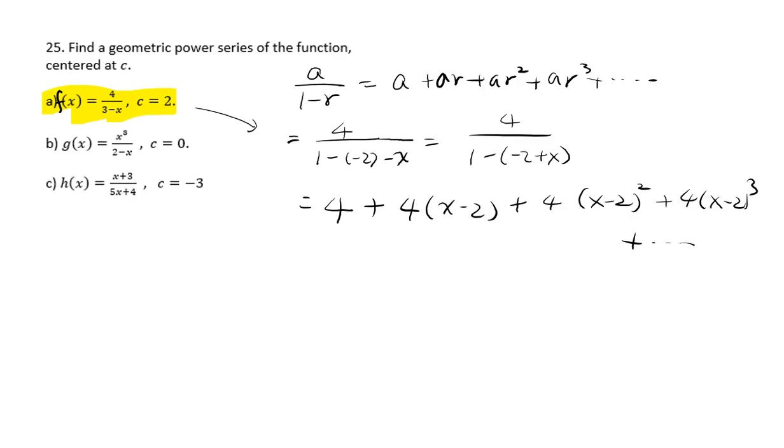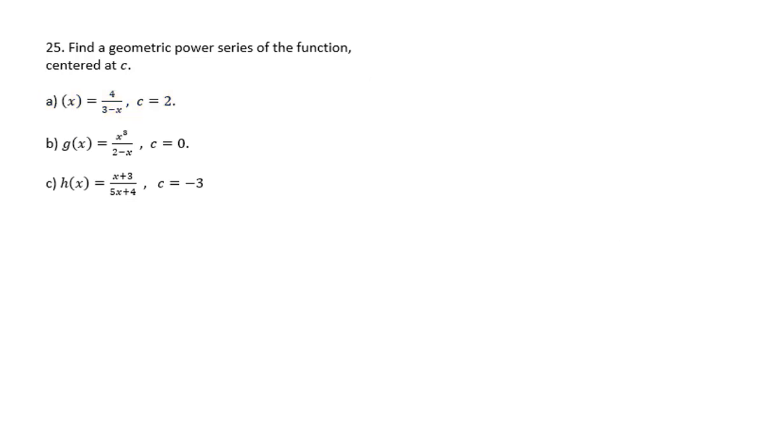Now let's try to do the second one. In this case, if we try to use a over 1 minus r and say, oh, it's 2, so 2 minus x is equal to 1 minus negative 1 plus x. Actually, yeah, plus x.